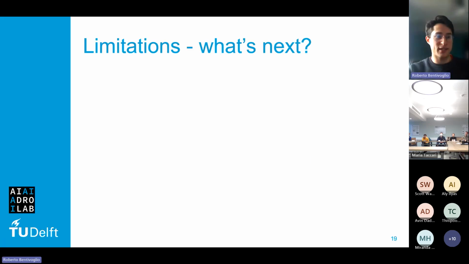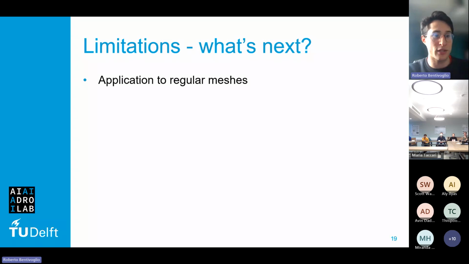But okay, so this is basically what has been done so far in the paper, but this had some limitations. So since I had the time, I will also show you some augmentations of what has been done until now. First of all, this method until now was applied to regular meshes using stationary boundary conditions.